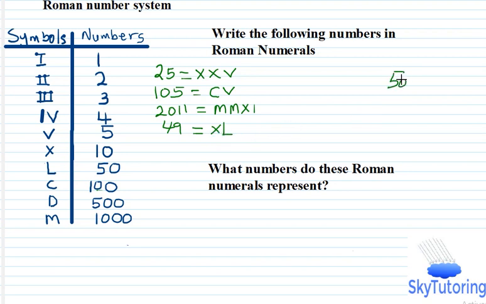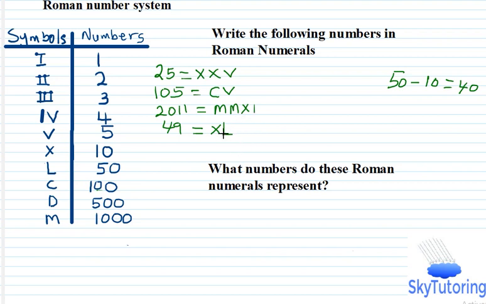So it's just like saying 50 minus 10, okay? So 50 minus 10 is 40. So that is what XL represents, okay? So anytime you are writing a Roman numeral, you have to make sure that you don't write more than 3 symbols consecutively, okay? The maximum you can write is 3 symbols consecutively, okay?